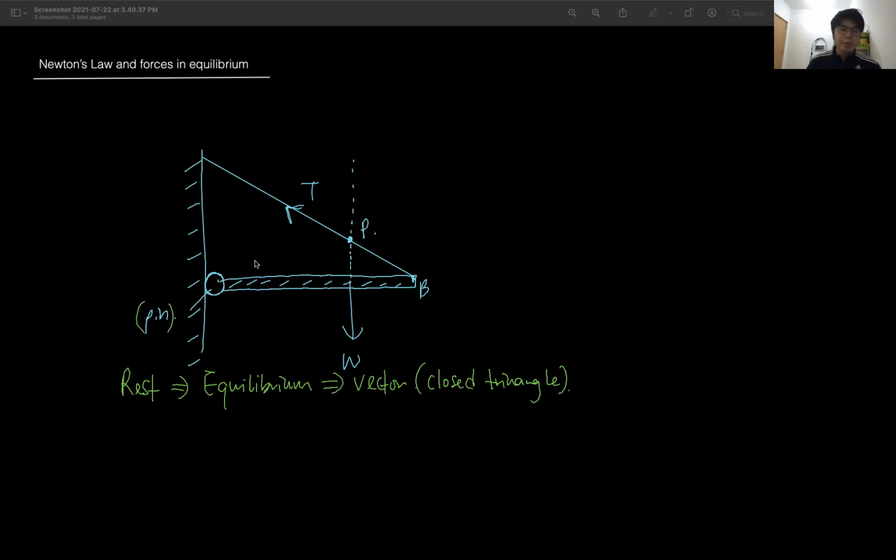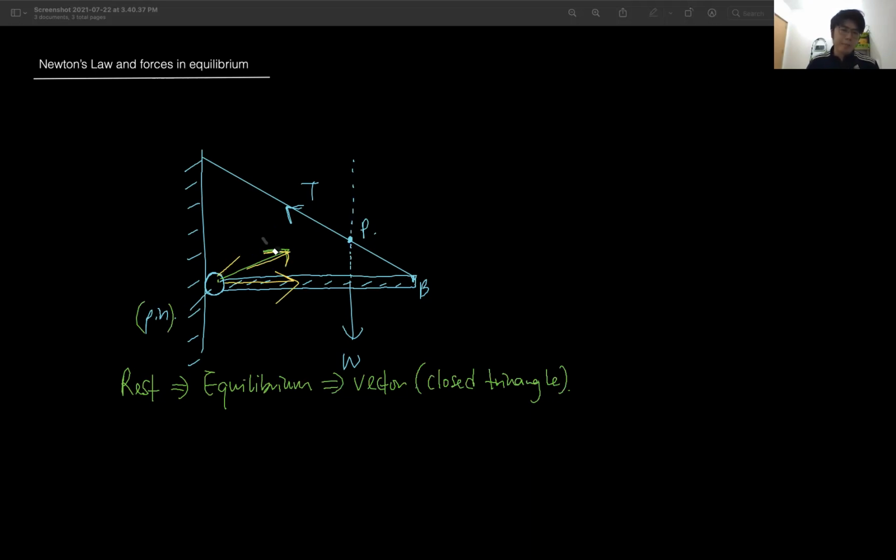I know that the reaction plus the T plus the W should be a closed loop, right? But where is the reaction pointing? Is it like here, here, or should it be horizontal? So you have to look at the moment also. Not only do you see it from the force perspective, you also have to analyze the moment, meaning that the reaction has to be one that will not cause a net moment on the system.